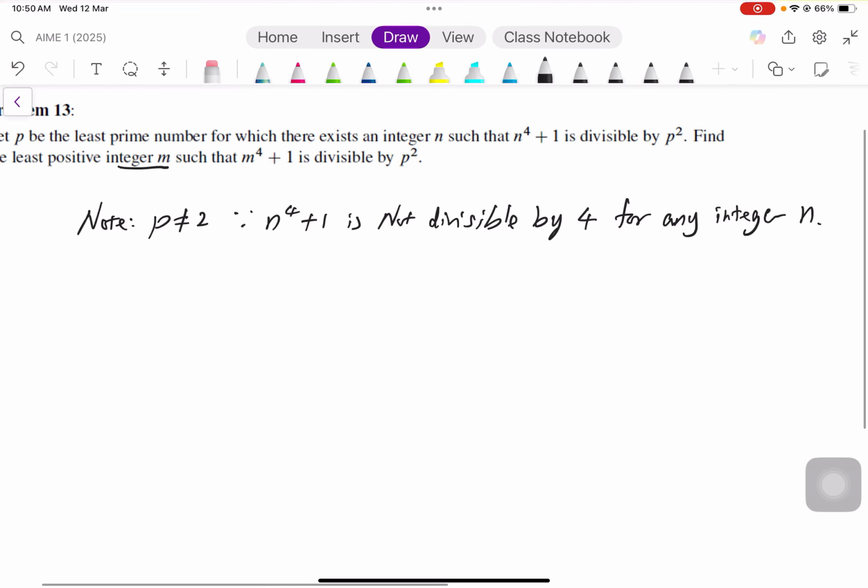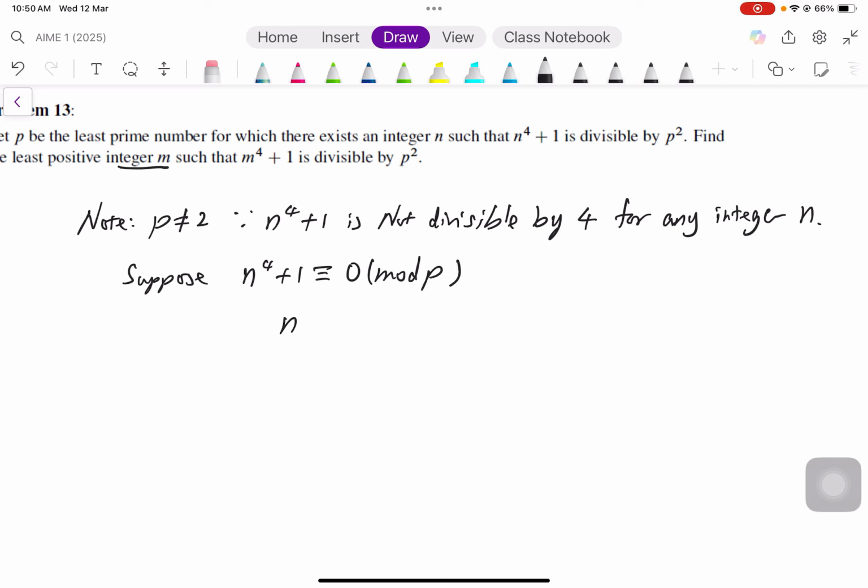Then suppose n to the power of 4 plus 1 is congruent to 0 modulo p. That means n to the power of 4 plus 1 is divisible by p.